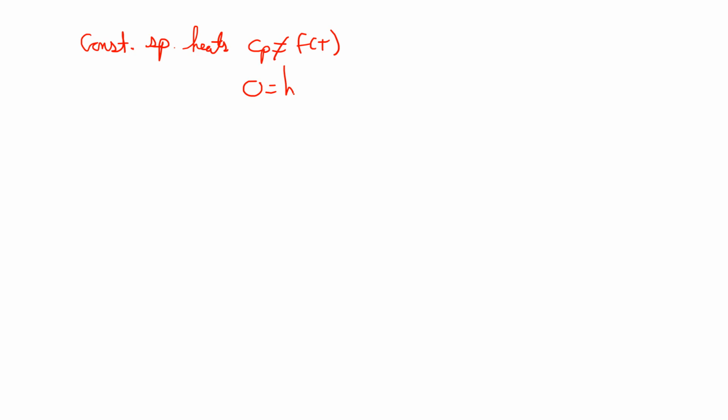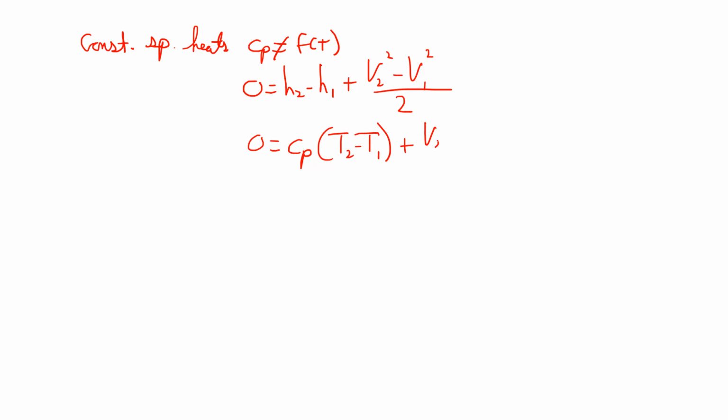So if you remember, back to our first law, we had 0 equals H2 minus H1 plus (V2 squared minus V1 squared) divided by 2. If we were to assume constant specific heat, we would substitute delta H as Cp times (T2 minus T1), plus (V2 squared minus V1 squared) over 2.